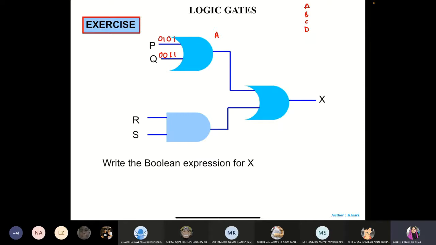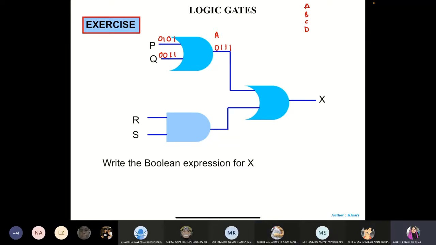Okay, so now let's find A. What is the result output, intermediate output? Okay. So this is OR. So 0, 0, 0. Okay, 0, 1, 1. 0, 1, 1. So that's the intermediate output.